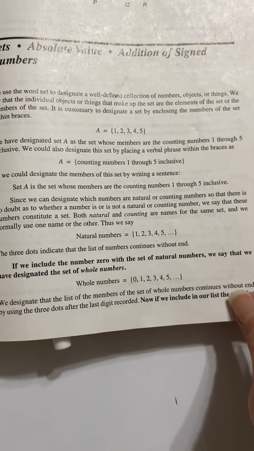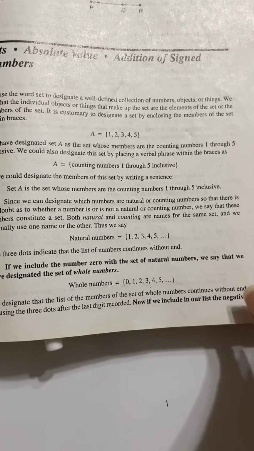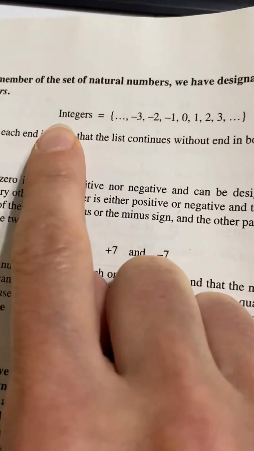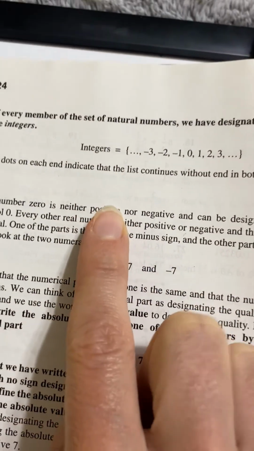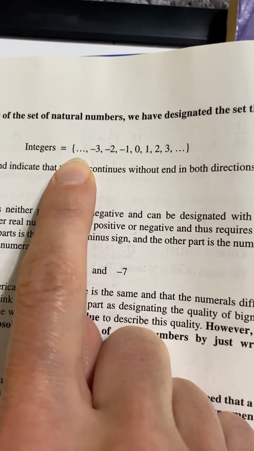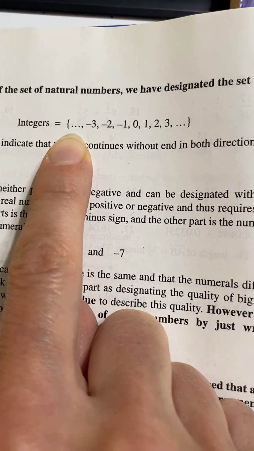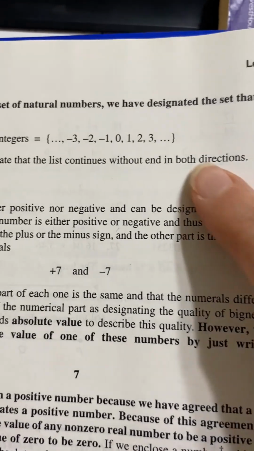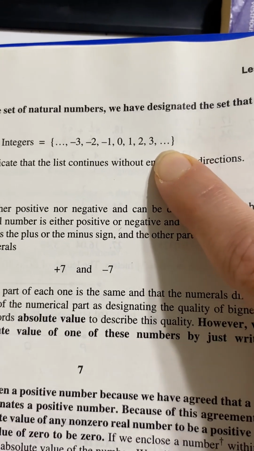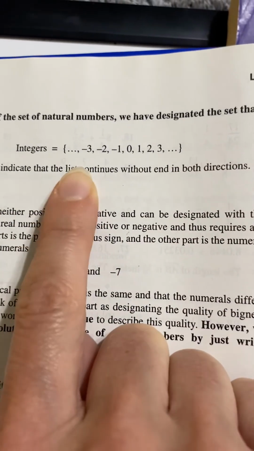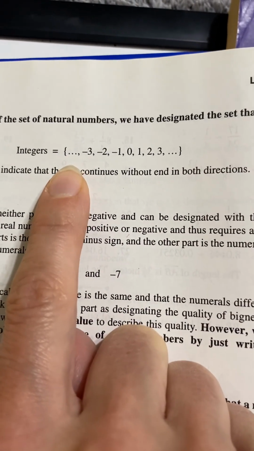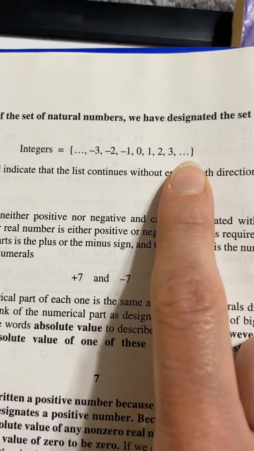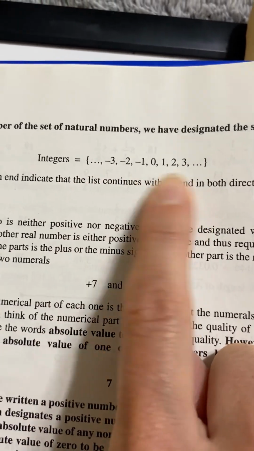Okay? Now, if we include the negative numbers, if we look on the next page, this is what it's called. They're called integers. Integers are negative. So here they're going to start with dots, because you can go from negative infinity to over here, positive infinity. So it includes all the numbers below -3 and all the numbers above +3, all of these included in here.